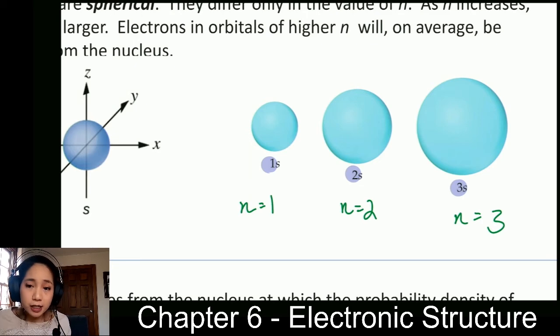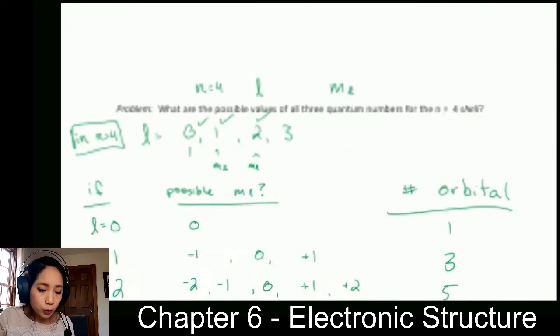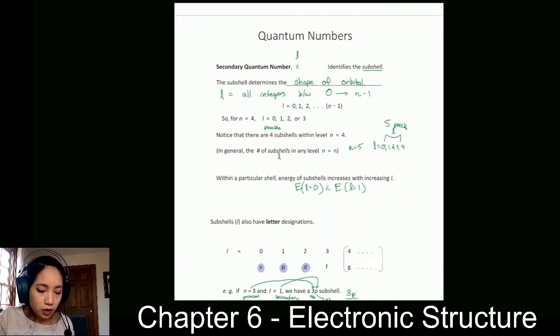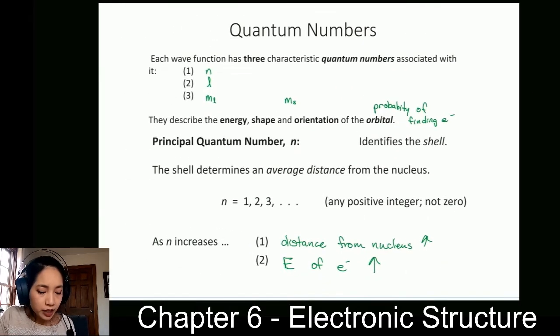That makes sense because when we looked back at our principal quantum number, our definition was that the number n determines the average distance of that shell away from the nucleus. We said as n increases, the distance from the nucleus increases, and also the energy of the electron increases. But what you want to see here is that the distance from the nucleus increases.